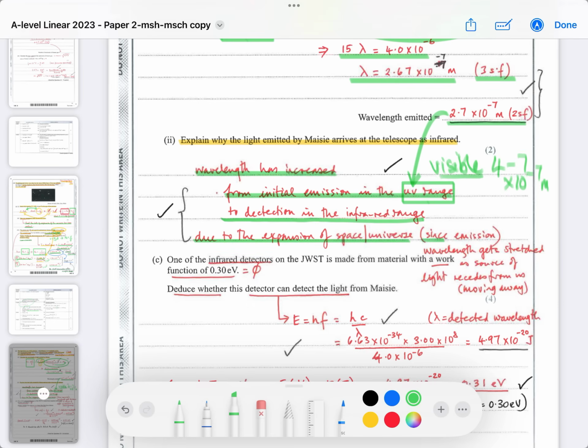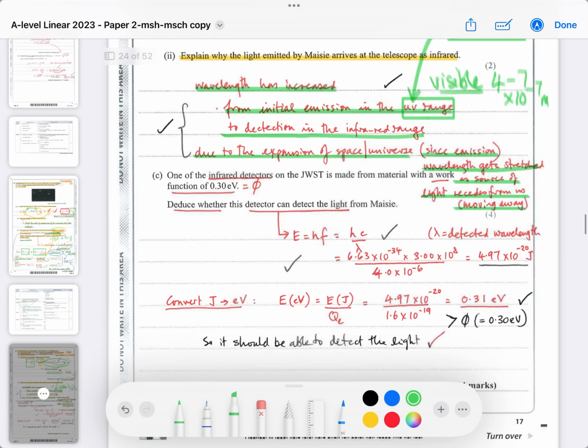Since it was emitted, space has expanded, so the waves, as they're traveling, have become stretched. The wavelengths get stretched as the source of light recedes away from us. And that's what we mean by Doppler shift, but it's basically because space has expanded in that time. So it's a bit like we do in GCSE. You can draw the waves getting stretched apart, and that's what we mean by a redshift.